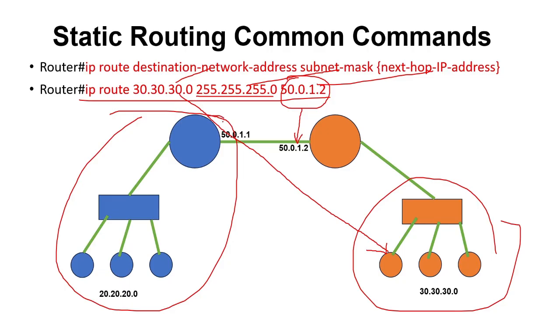From this network, what is the IP address directly connected to the source network? So this is the next hop IP address. So with just one command, you can essentially create a static route from point A to point B.